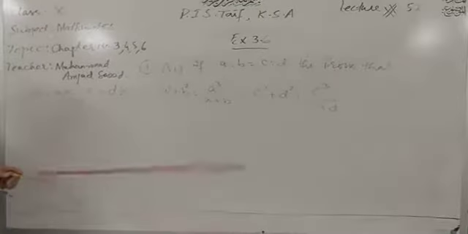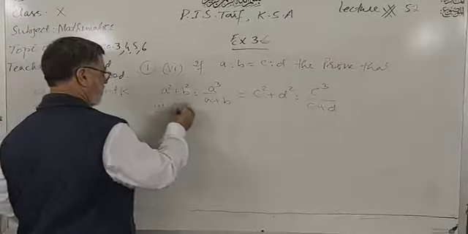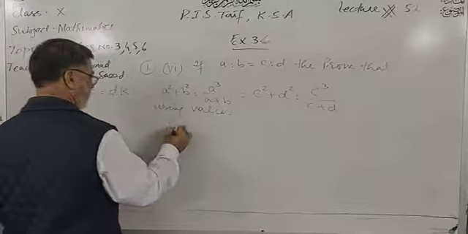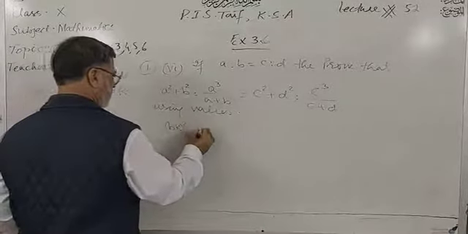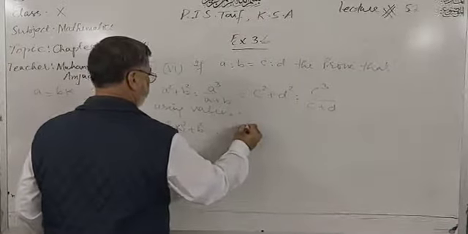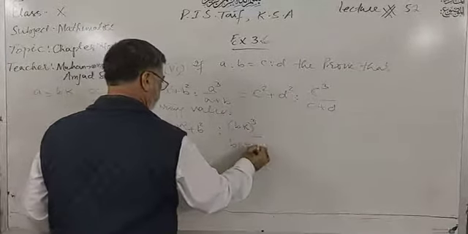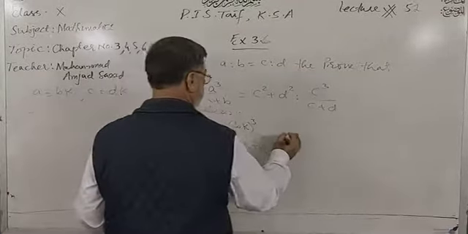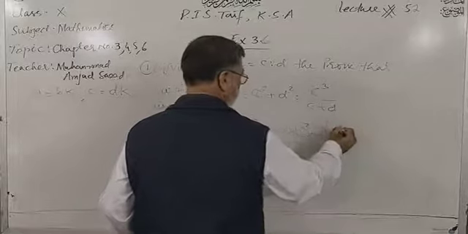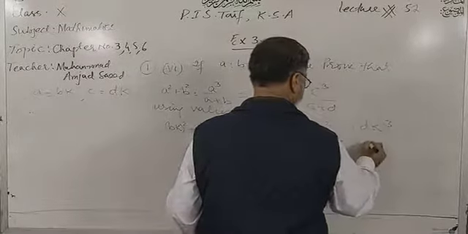Using values, a is equal to bk, so (bk) whole square plus b square ratio (bk) whole cube over bk plus b is equal to (dk) whole square plus d square ratio (dk) whole cube over dk plus d.